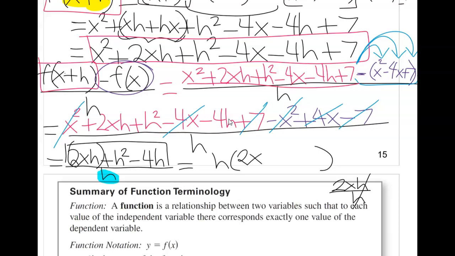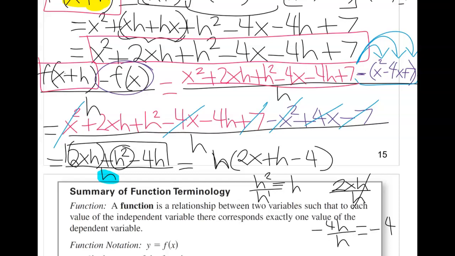Then from h squared, factor out h. So we subtract exponents, so that will be h to the first power, and it's positive. Then from negative 4h, we factor out one positive h, and we get negative 4. So that goes here.